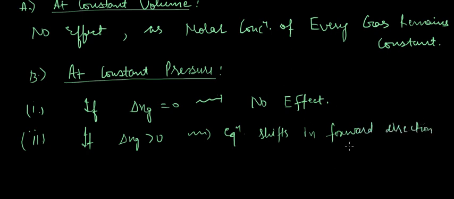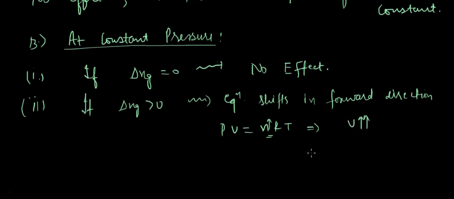And why is this the case? Because as P is constant and PV equals nRT, this implies that as we are adding the inert gas, we are increasing the n of the overall mixture, so V is also increasing. And as V is increasing, the overall concentration of every gas would decrease.